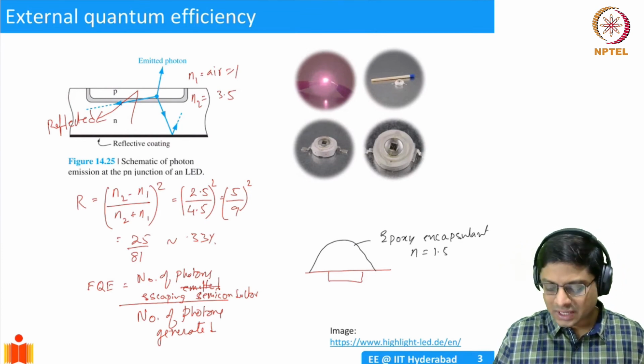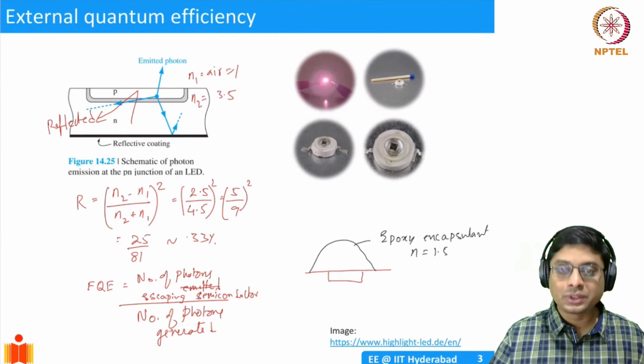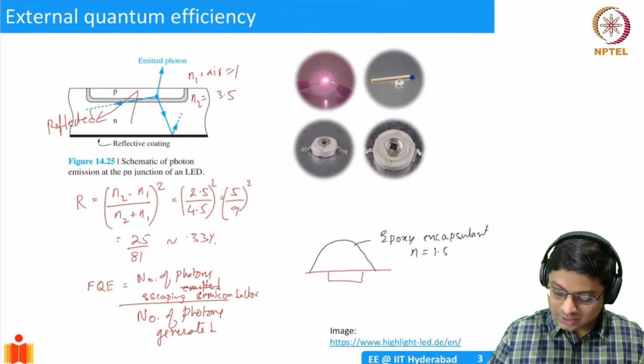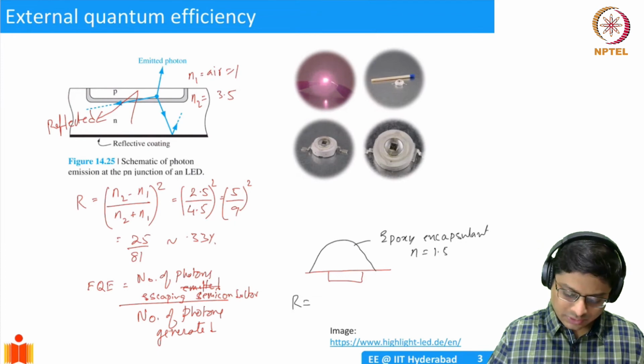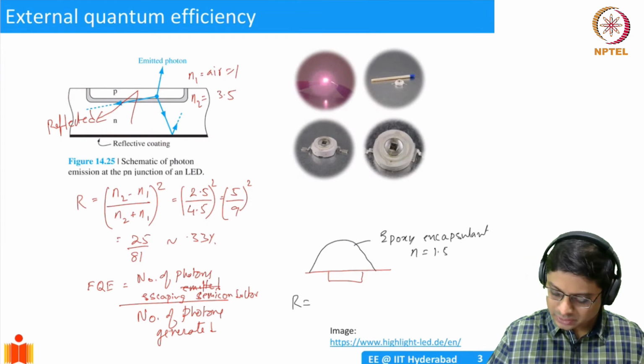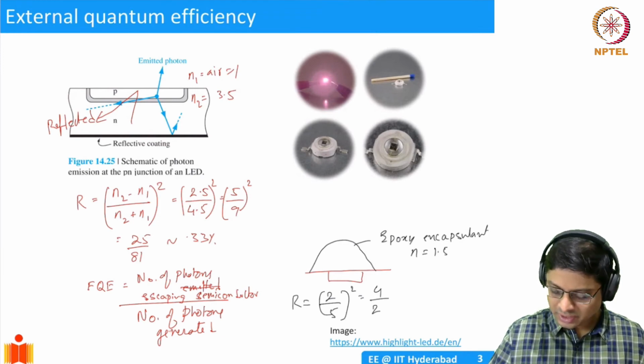If you have a refractive index of 1.5, now what will be the reflection coefficient? Now R is going to be, N2 is 3.5 and N1 is 1.5. So 3.5 minus 1.5, which is 2, divided by 3.5 plus 1.5, which is 5, whole square. So 4 by 25, right?